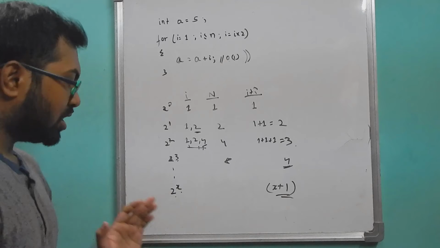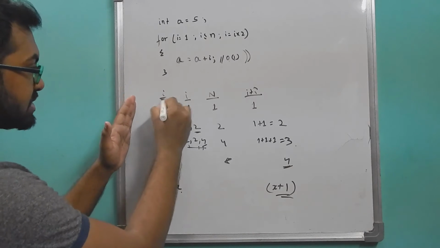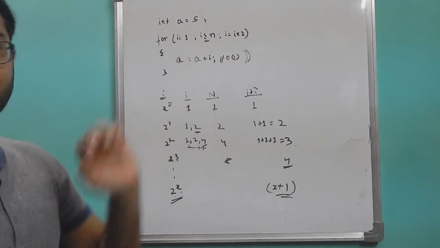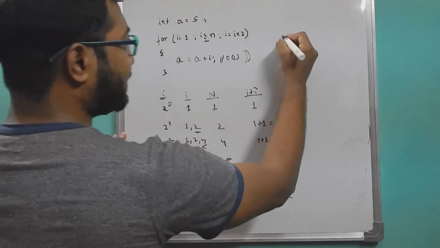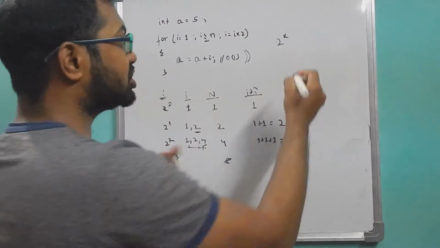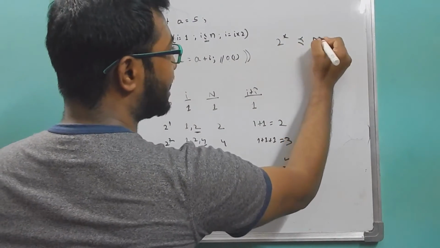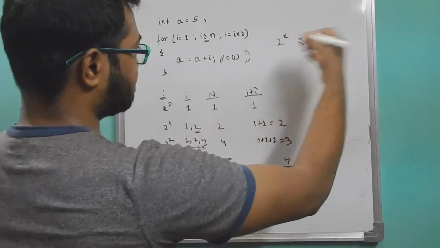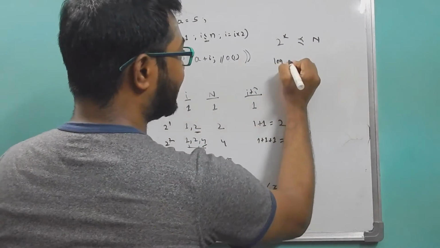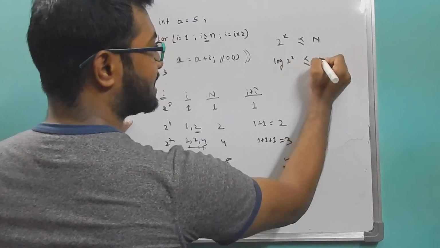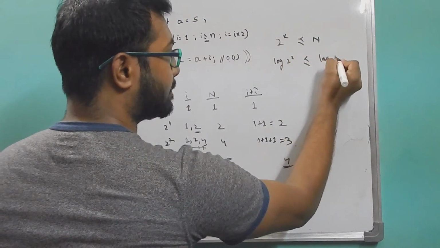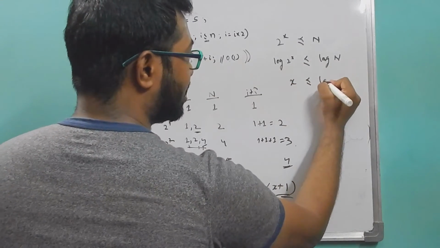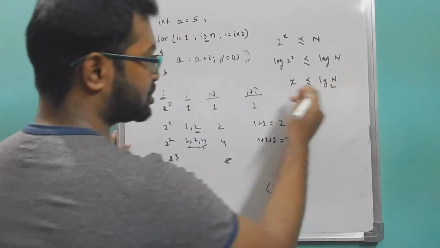So now, we know that the value of i should be less than or equal to n, and this is the condition we have. So that means 2 to the power x should be less than or equal to n, right? If that's the case, let's put log on both sides, and it becomes x should be less than or equal to log of n base 2.